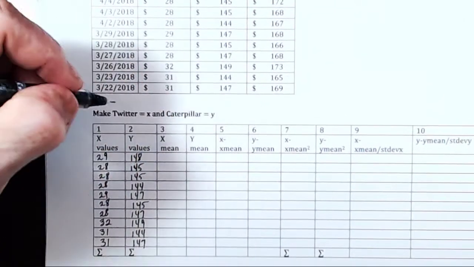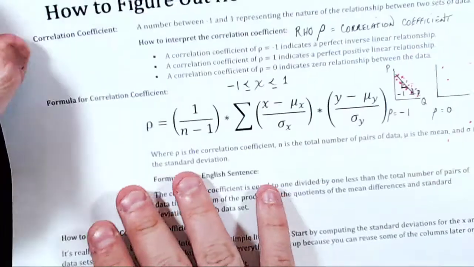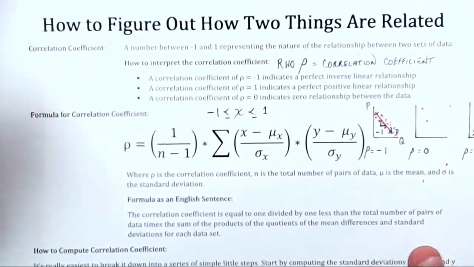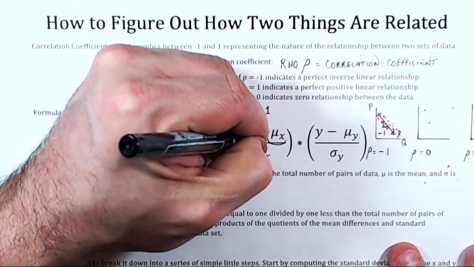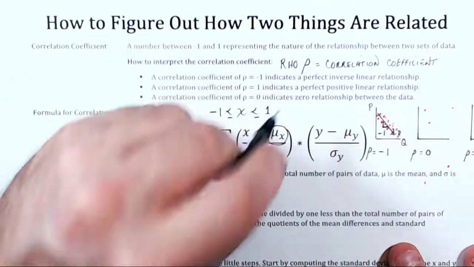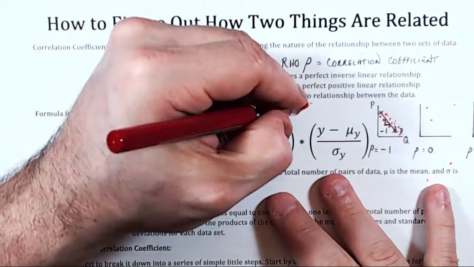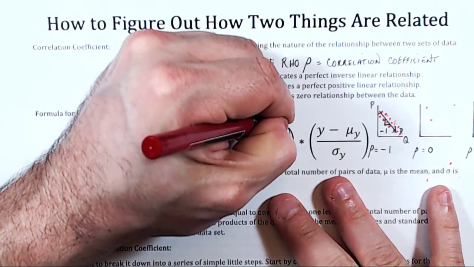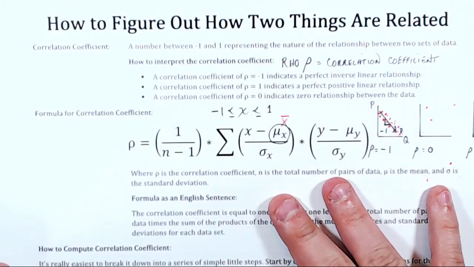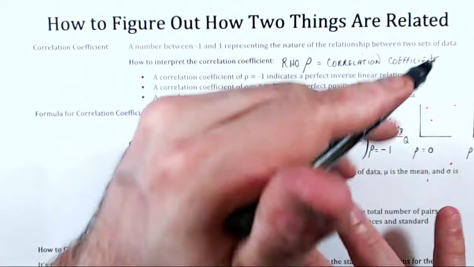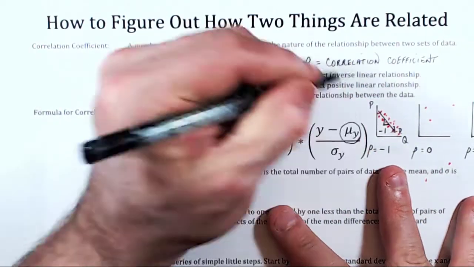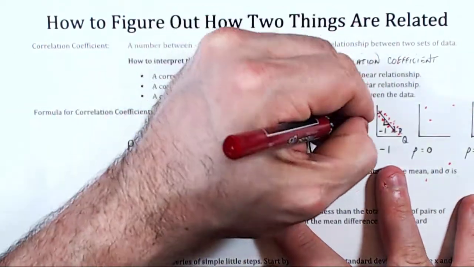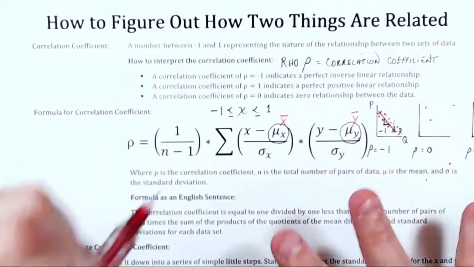Let's go back here. X mean is right here. Sometimes you see this written as X bar, X with a bar over it. This is the Y mean right here. Sometimes you see that written as Y bar.